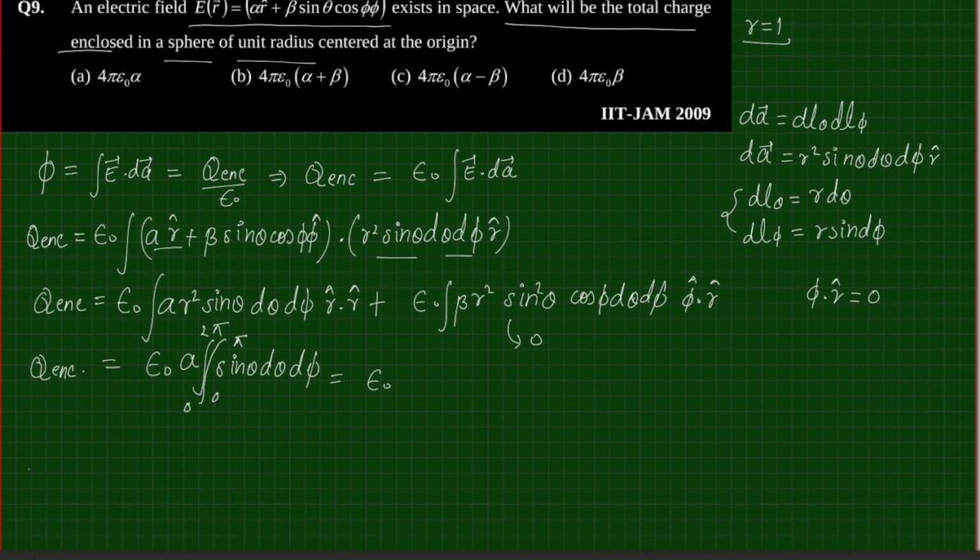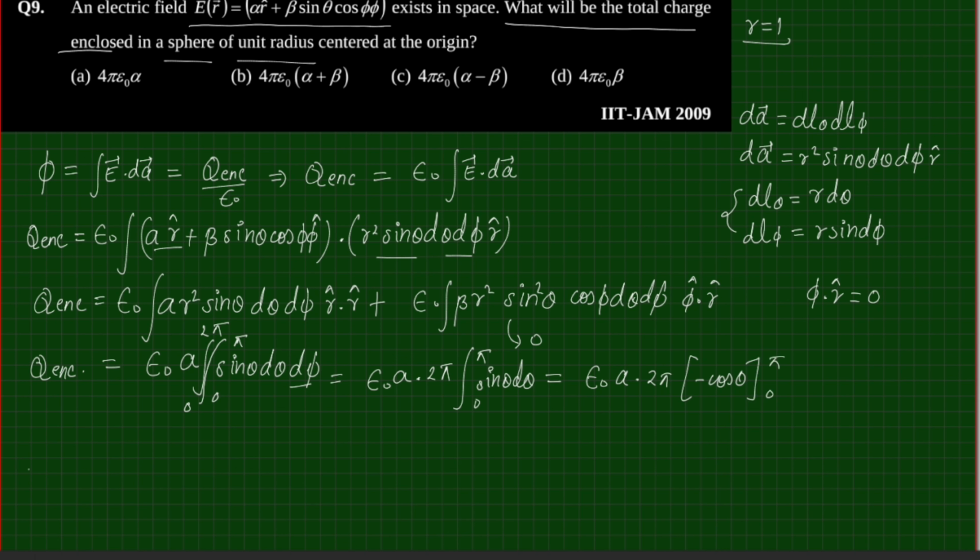So epsilon naught a, first integrating with respect to phi, that will give 2 pi, and 0 to pi sin theta d theta, that is minus cos theta from 0 to pi.